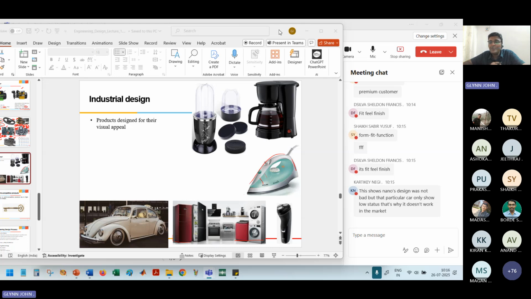Nano's design, so you cannot say that. See now, Nano's failure again. If you take some case studies and see, of course, initially they marketed that as a cheap car. So that was one of the reasons people actually mention. But beyond that, the image factor also was there, right? People who owned a car wanted to show that they are somehow rich, right?